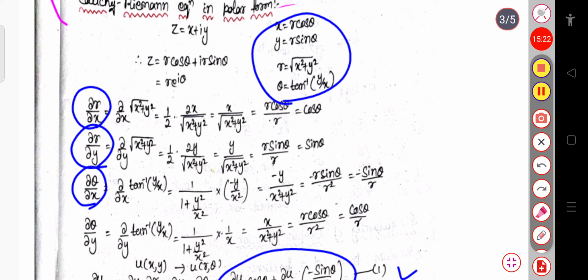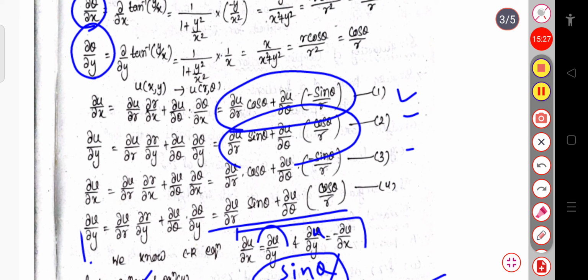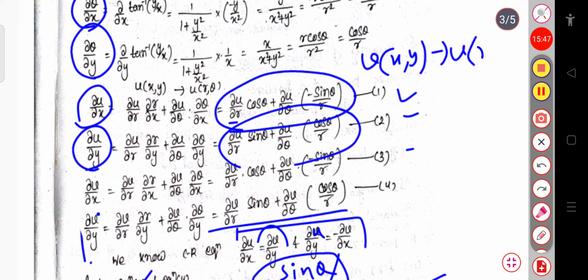This is for both the r coordinate and the θ coordinate. Since we are converting Cartesian to polar coordinates, we have to take ∂u/∂x in the polar representation, and similarly ∂u/∂y. Also, since we are transforming v of x,y to v of r,θ, we have to take ∂v/∂x as well as ∂v/∂y in terms of the polar coordinate.